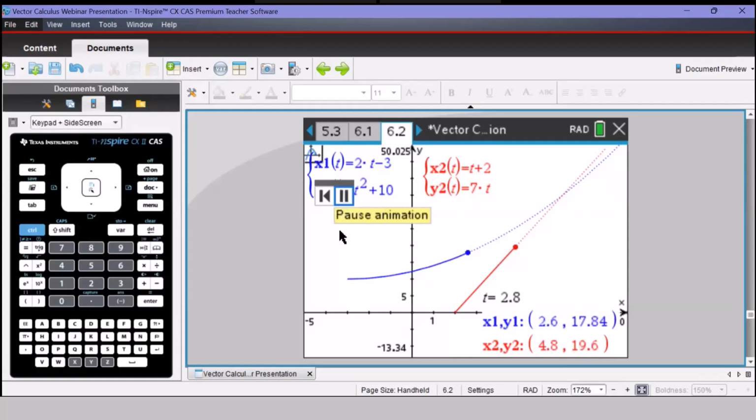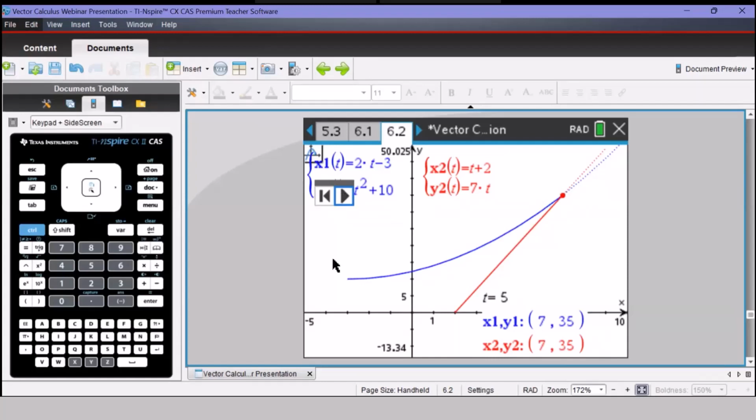Right, so they're approaching each other. It's getting very exciting. They're getting very close to each other. Voomp, done it. At t equals 5, they share the same position, 735.